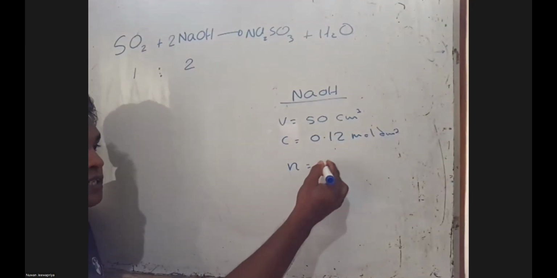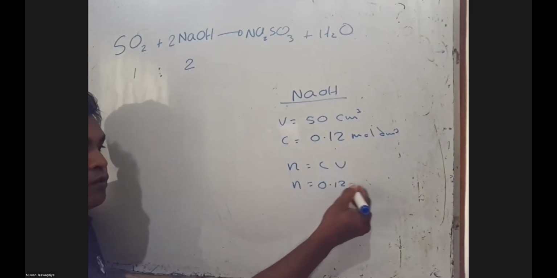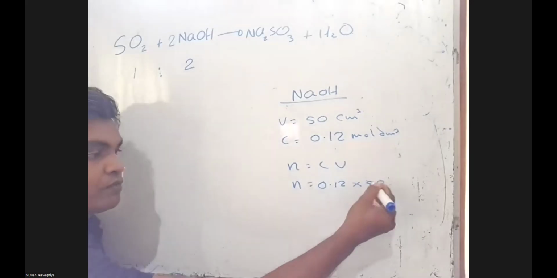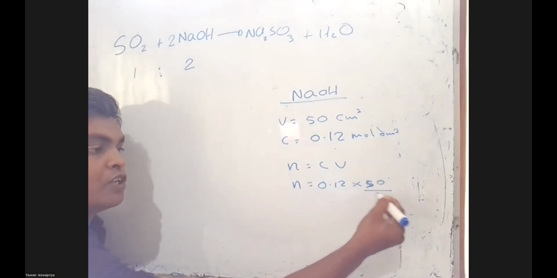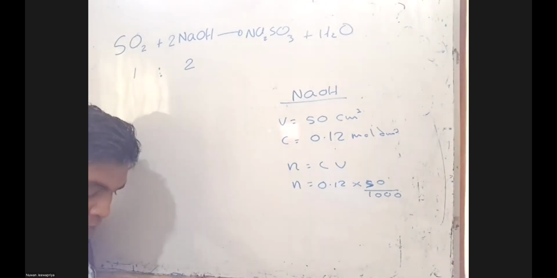You know n equals CV, where C is 0.12 and V is 50 cm³. To convert to dm³, we divide by 1000. So 0.12 multiplied by 50 and divided by 1000.